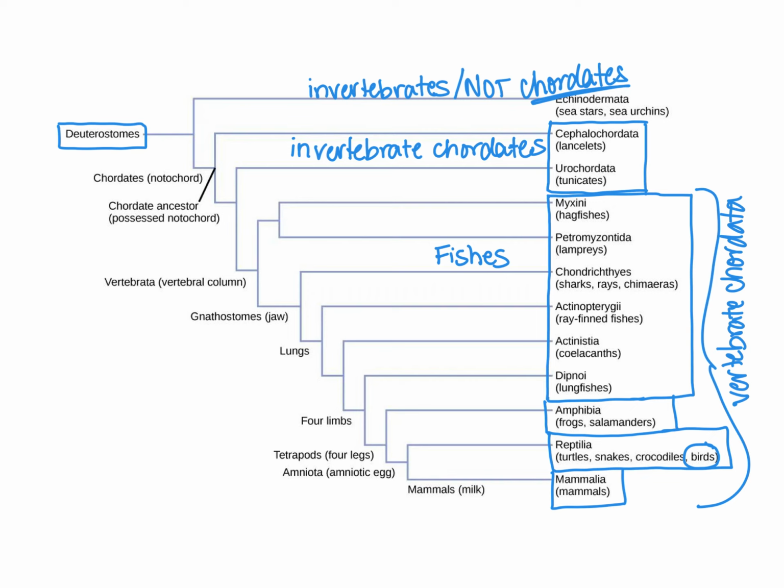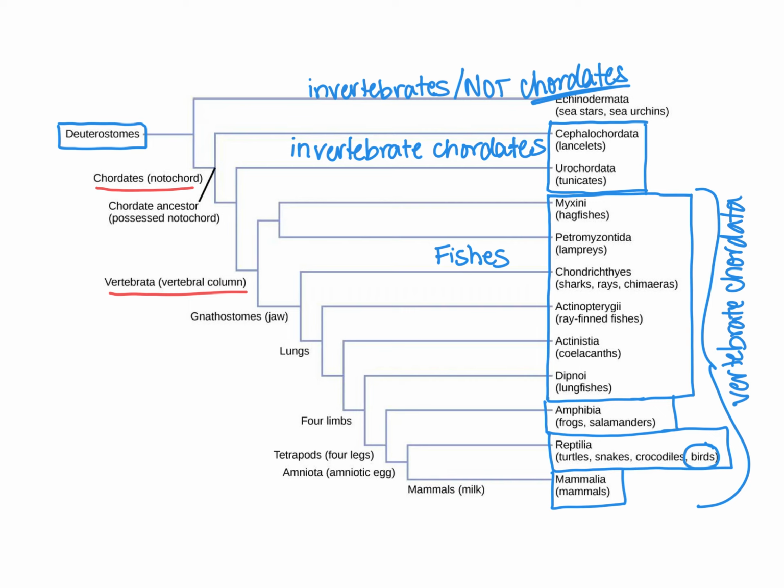You can also see on this phylogenetic tree the different structures that evolved that led to the branching of this tree. So you can see that we have this branch of the chordates, and then we've got the vertebrates with the Vertebrata, the true vertebrates.